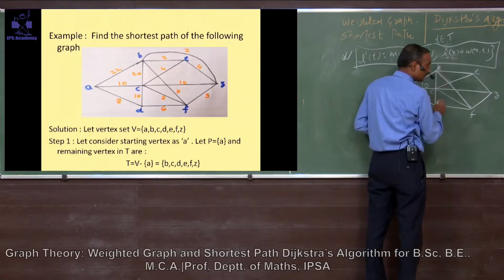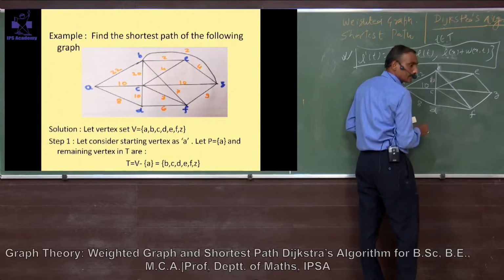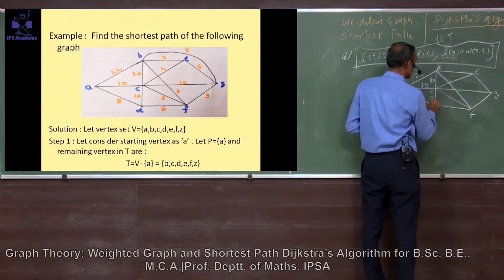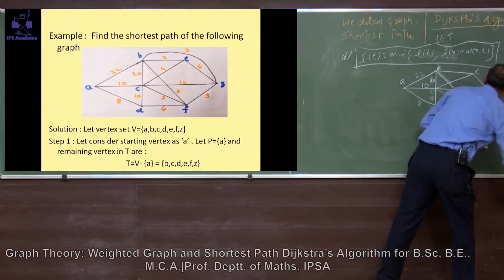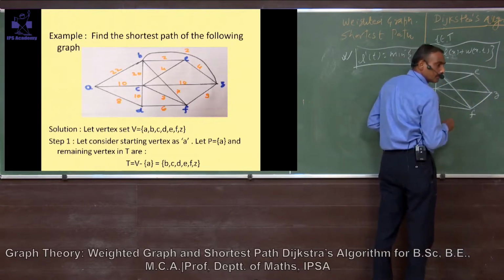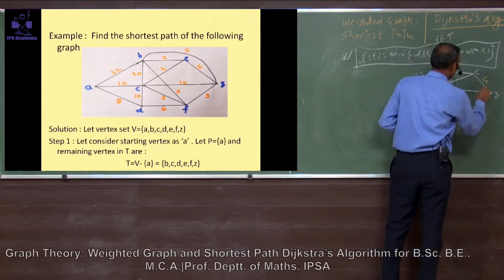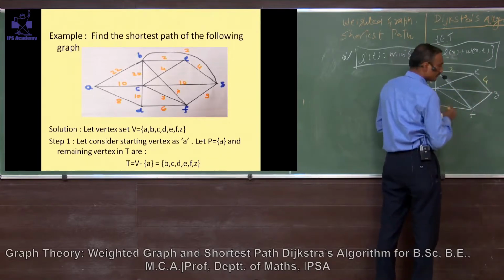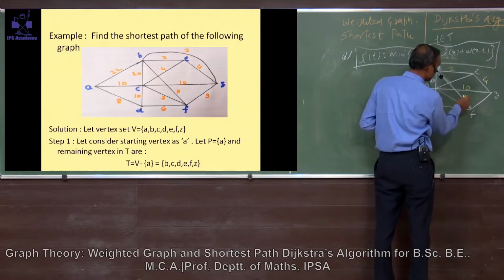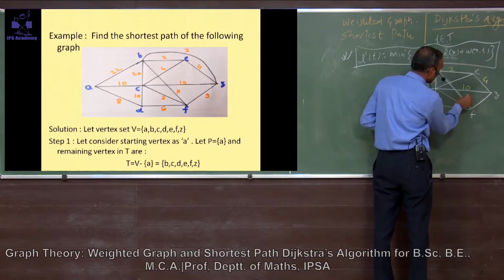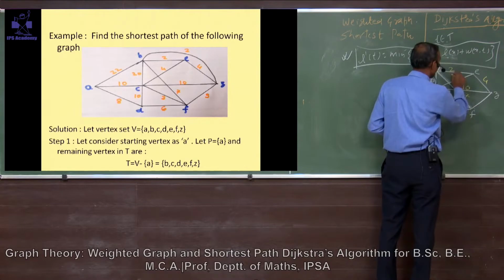Then B to C is 20 and C to D is 10. And from B to E is 2. This is 4. From C to Z, 10. From B to F is 7. And from C to E is 4.